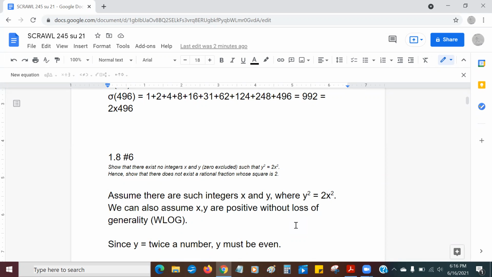Anyways, since y squared equals 2x squared, y must be even. I should have said: if y squared is even, then y must be even. There's no two ways about that.